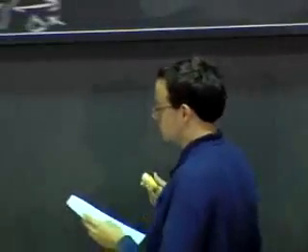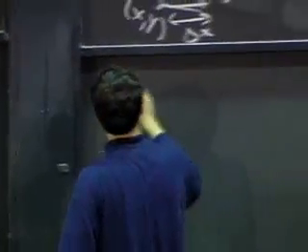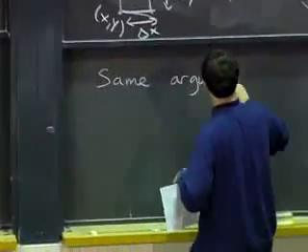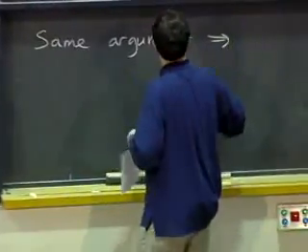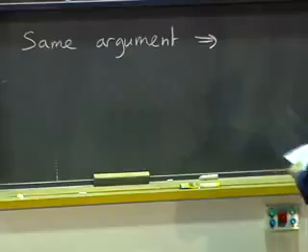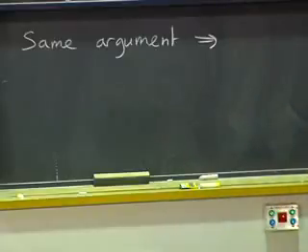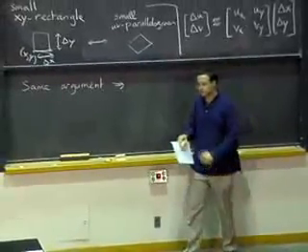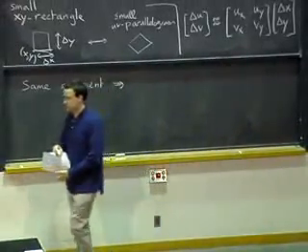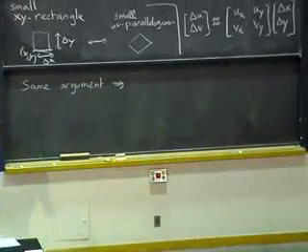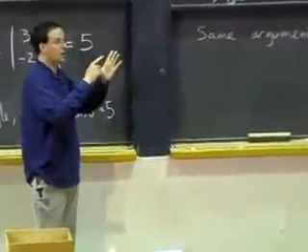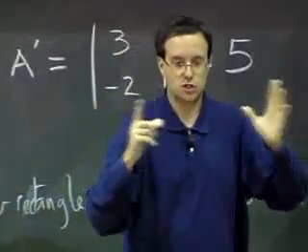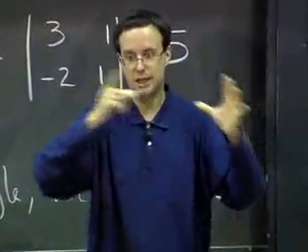And so if we do the same argument as before, what we'll see is that the scaling factor is actually the determinant of this transformation. So that's one thing that maybe we didn't emphasize enough when we did matrices at the beginning of the semester. When you have a linear transformation between variables, the determinant of that transformation represents how it scales areas.